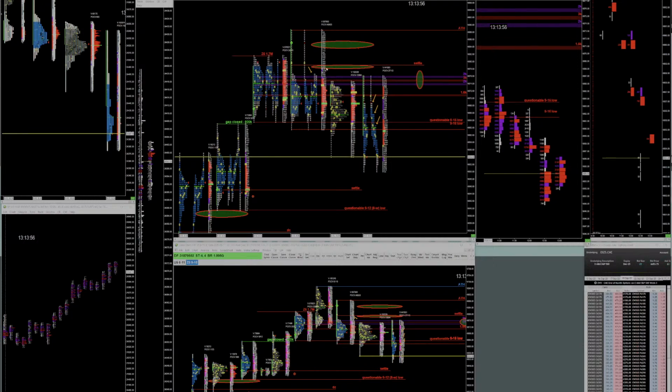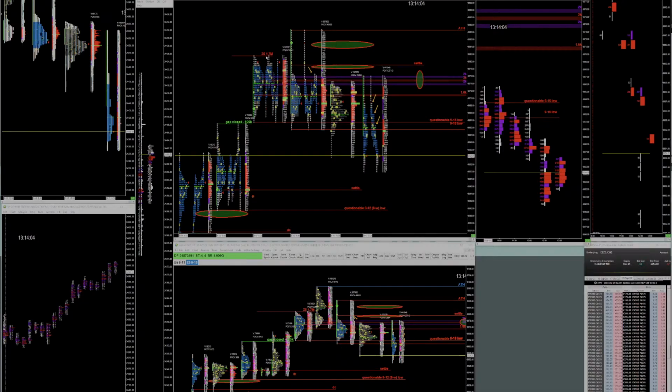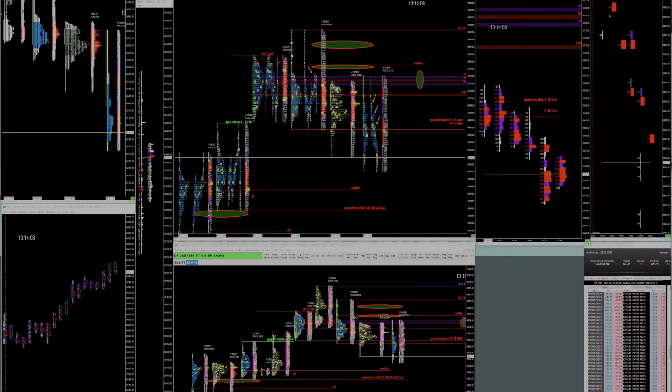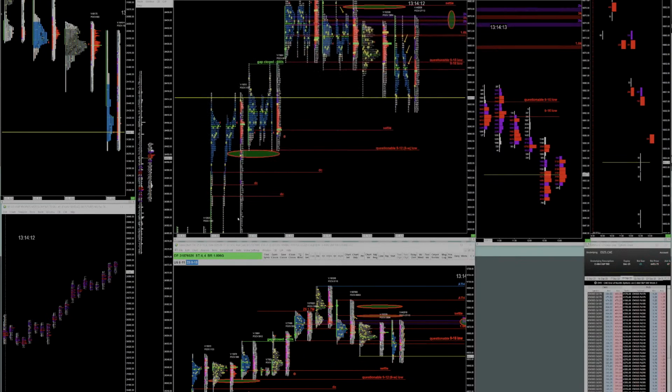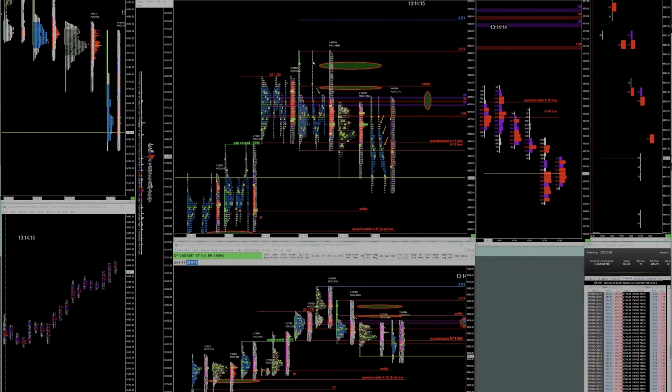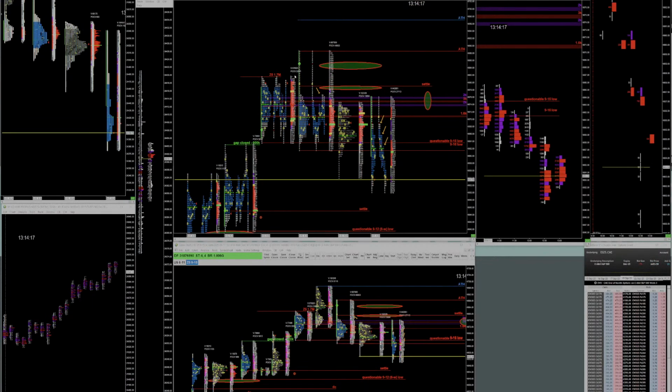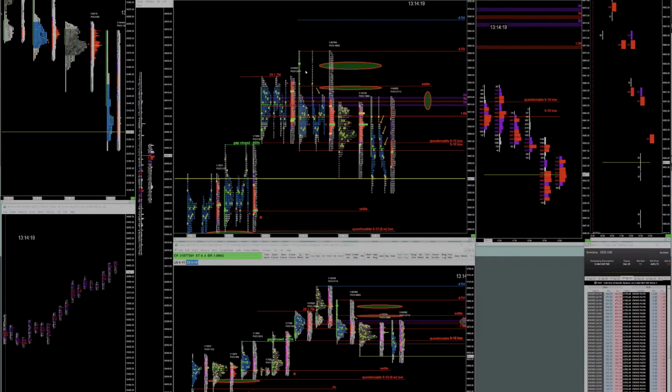From this area I have 1, 2, 3 highs, 4 highs, including yesterday, plus these ones from the previous, right? I have excess on the upper side. The same kind of excess that I have down here is what I have up here.